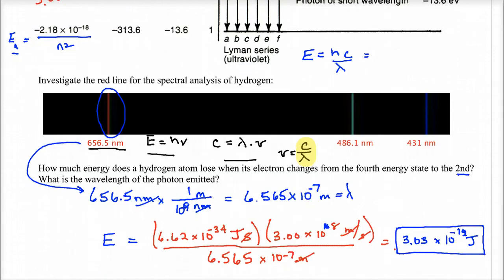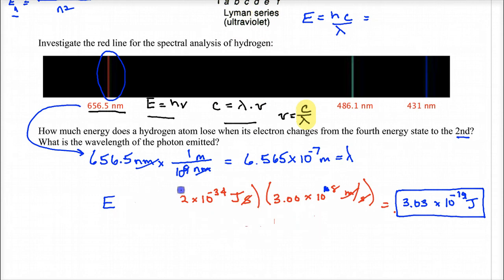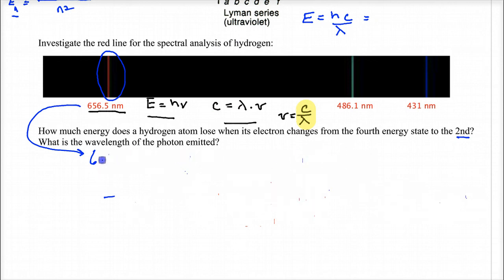All right. Now, the other question here: how much energy does a hydrogen atom lose when its electron changes from the fourth energy state to the second? What is the wavelength of the photon emitted? Okay, I'm going to get rid of this information here. Let's do this question without knowing what the energy levels are, just given the Balmer equation that's given to us in our reference table.